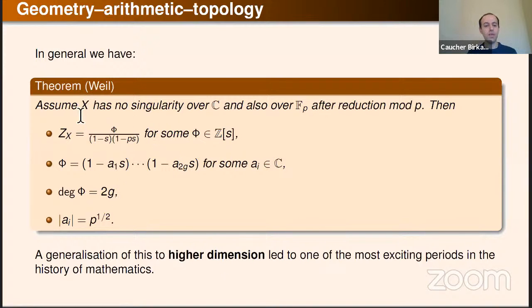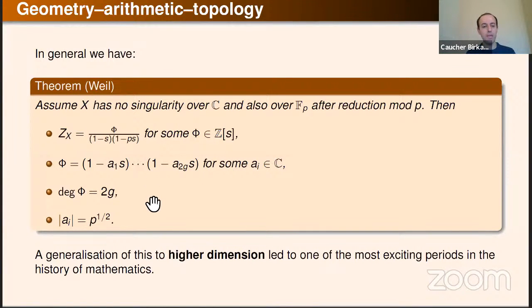Now, people tried to generalize this to higher dimension. In this talk, X was inside P2, so X itself has dimension 1. But people tried to prove something similar in higher dimension. And usually when you go to higher dimensions, everything becomes much more complicated. But eventually this was carried out.